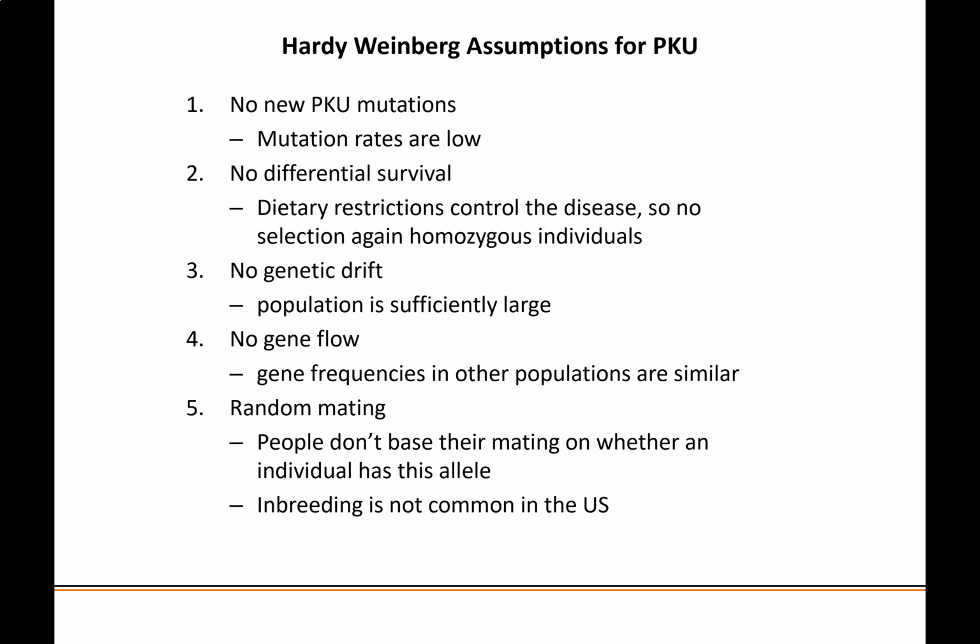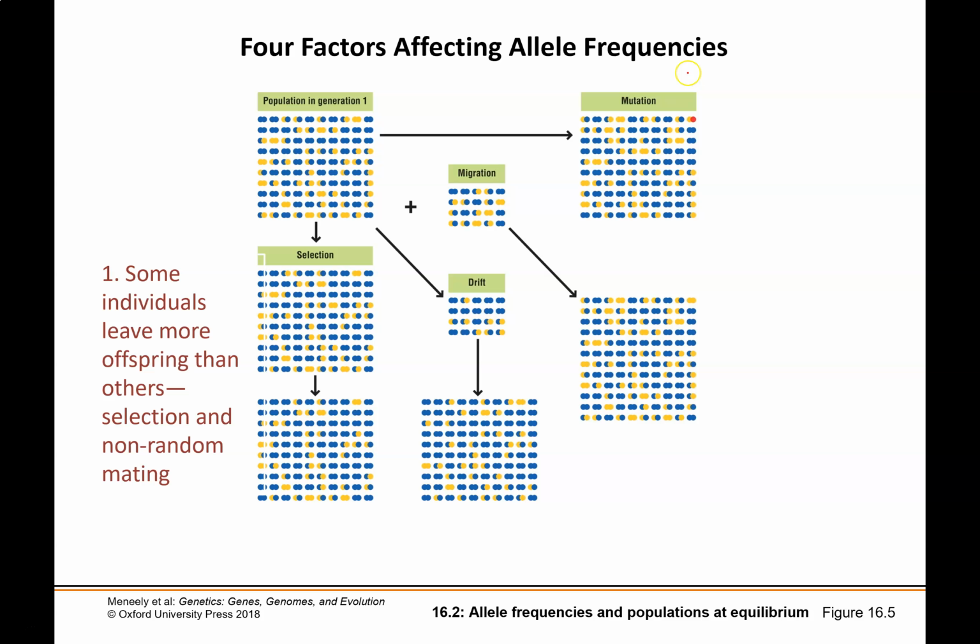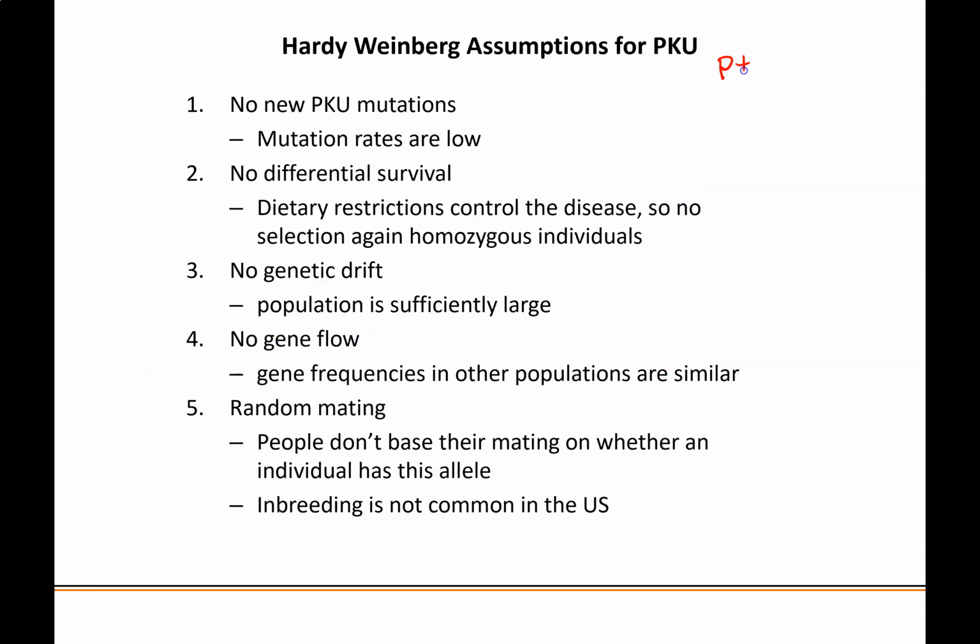Recall that the whole point of using the Hardy-Weinberg equation is to determine whether or not a population is in Hardy-Weinberg equilibrium. So to determine whether or not a population is changing. So we can use this idea of p plus q equals 1 to help us determine whether or not the allele frequencies are changing.